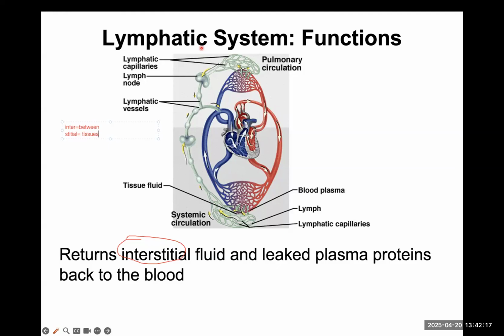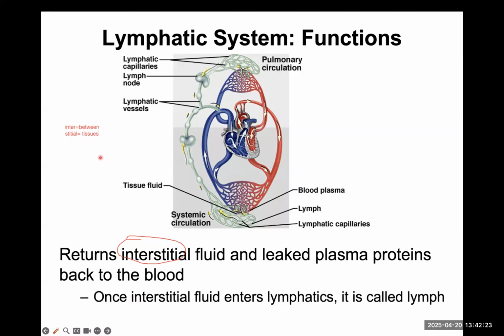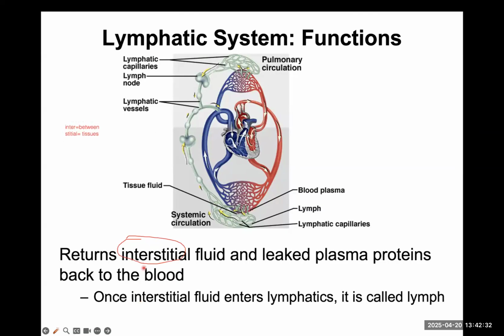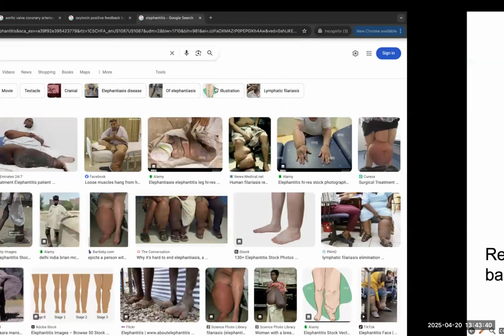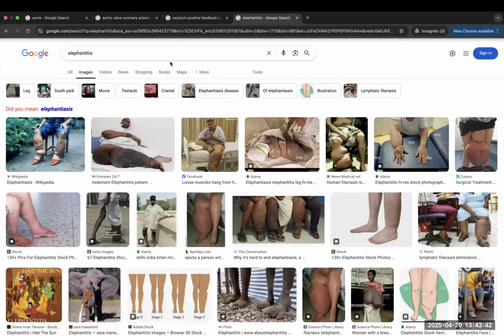So what if your body cannot move the lymph? This interstitial fluid, which is called lymph, what if your body just can't move it? There are some examples here. There is a disease called elephantitis, and itis means inflammation.